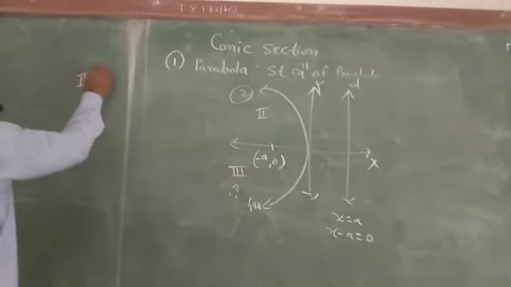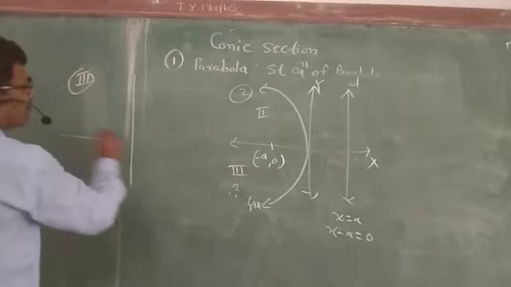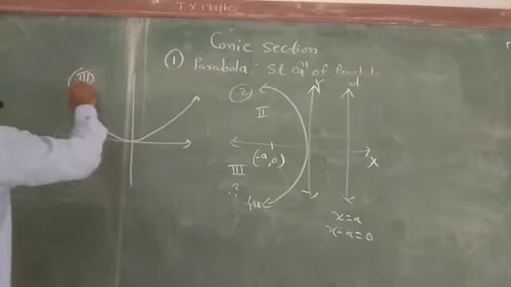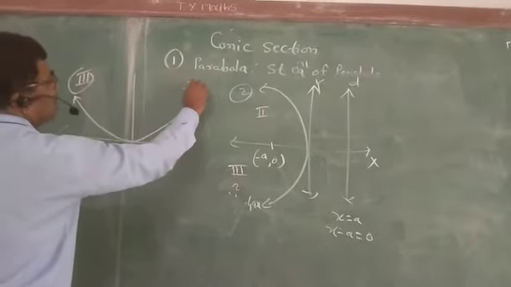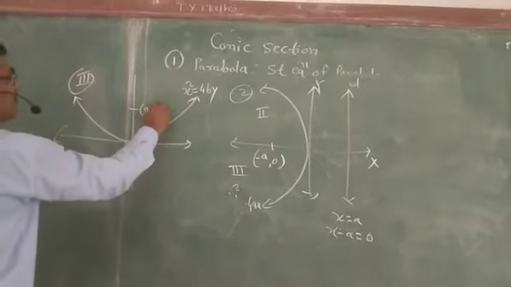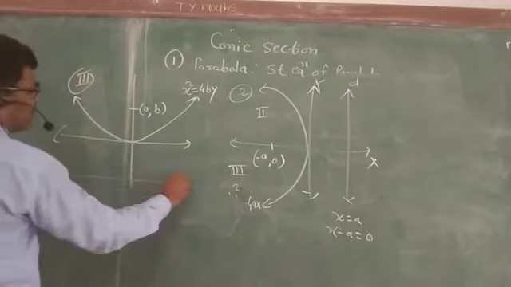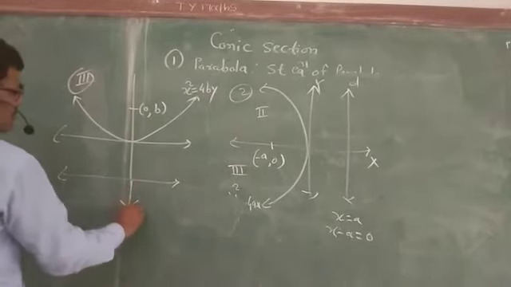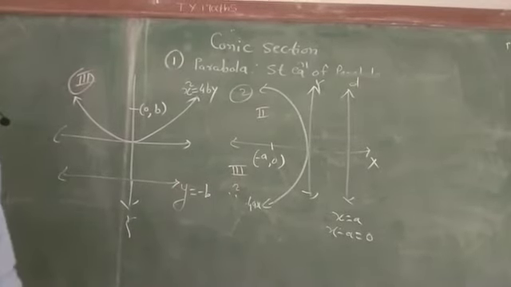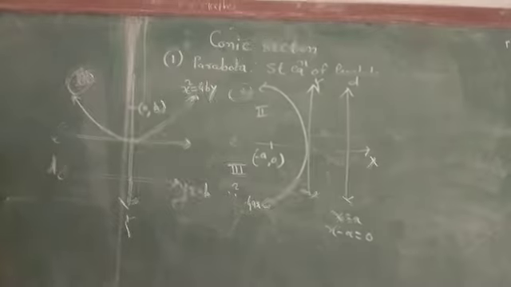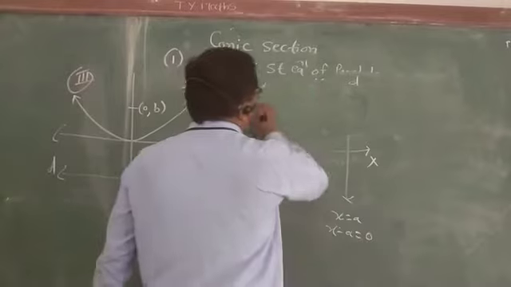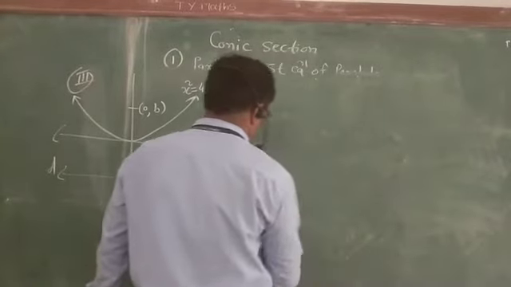Similarly, third parabola, that is x square equal to 4by. Focus 0, b, y-axis, y equal to minus b, that is directrix. That is third parabola.